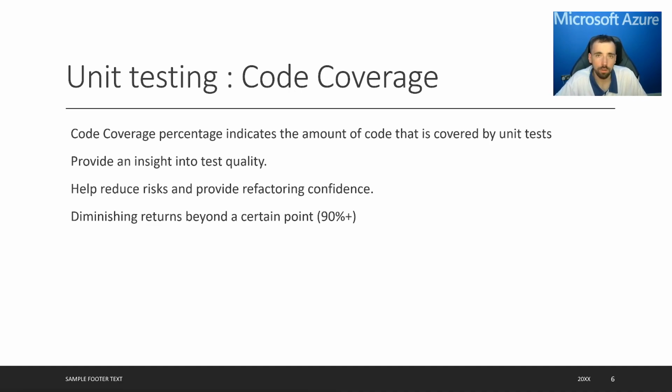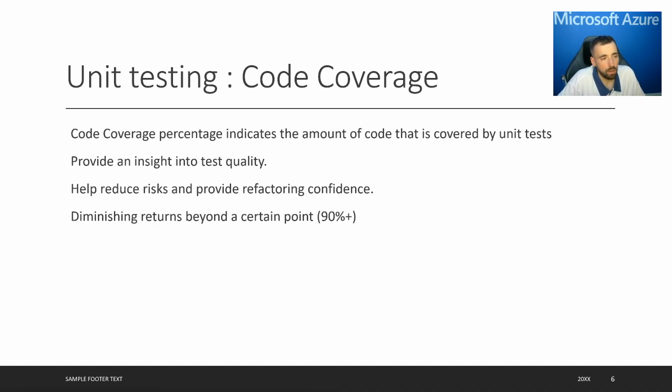And it shows good team maturity to have a high code coverage percentage, and we typically aim for about 90%. This can be a good insight into test quality, and it helps reduce risk and provide refactoring confidence. So when you've got that high code coverage number, you know that you've got a bit more confidence in your refactoring when all of the unit tests pass.